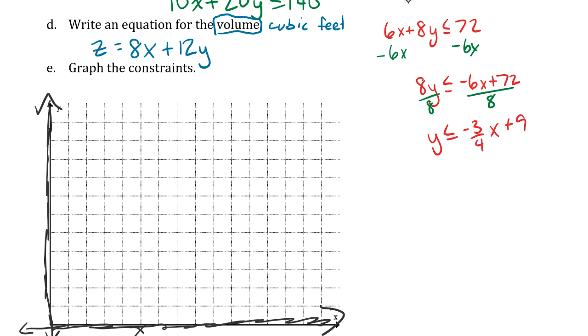All right? So to graph this, first we go up 9. So right here. Then the slope is negative 3/4, so that means we go down 3 over 4. That will get us our first line.